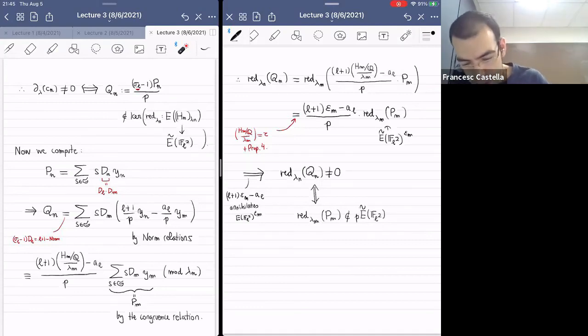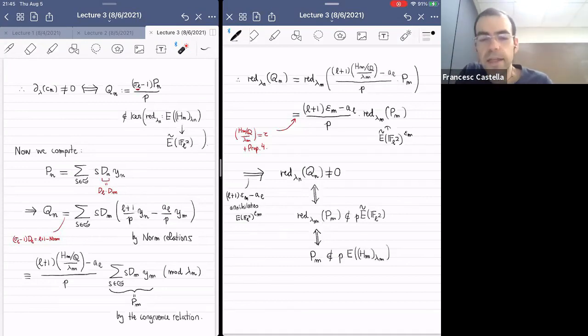Okay, but again, using the fact that the kernel of reduction is pro-L and L is different from P, that's going to be injective on multiples of P. So that's going to be equivalent to the point itself being indivisible over the local field.